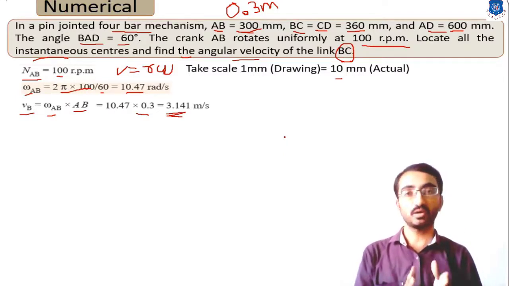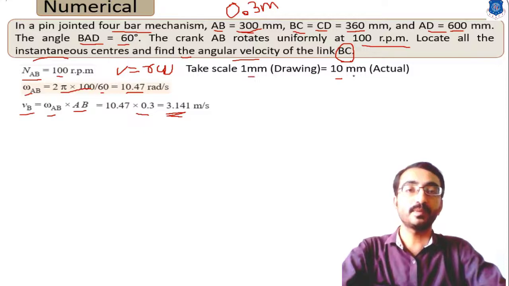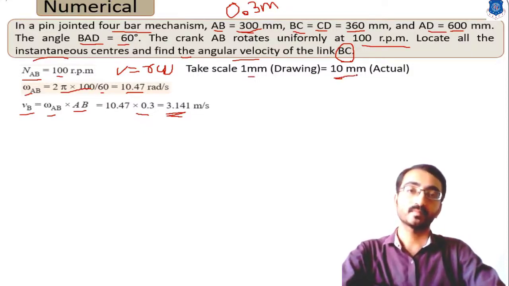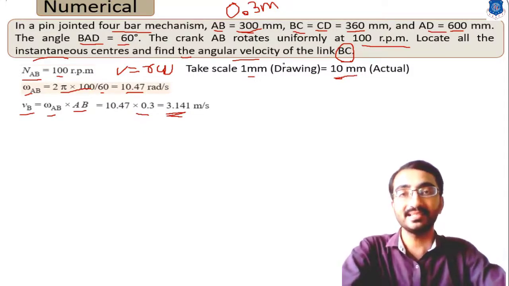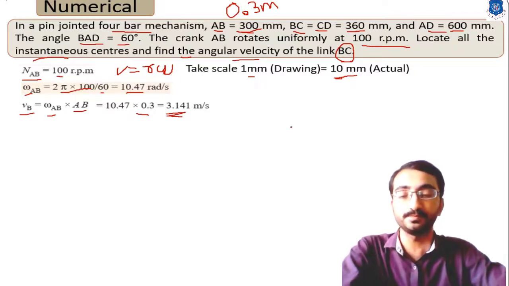So we consider a scale where 1 mm of drawing length will represent an actual length of 10 mm. Now by considering this scale, we will sketch the 4-bar mechanism.